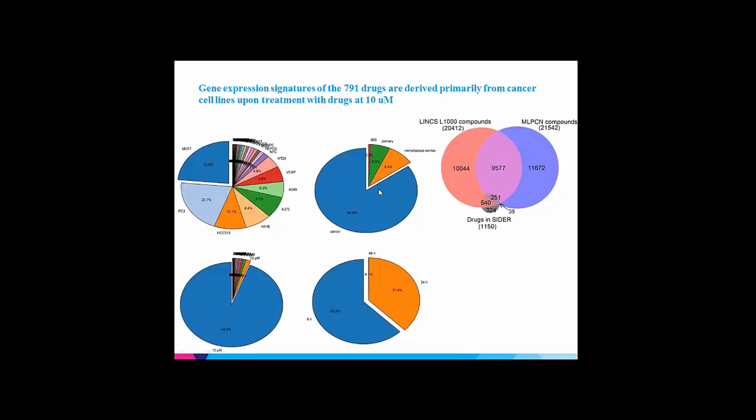And when we look at the dosage, we can see the majority of those signatures were derived from treating the cell with 10 micromolar of drugs, and then after 6 hours, and small parts are derived from after 24 hours.